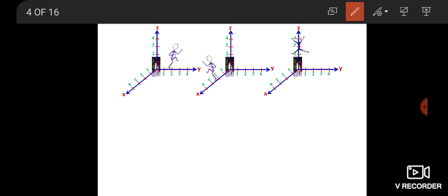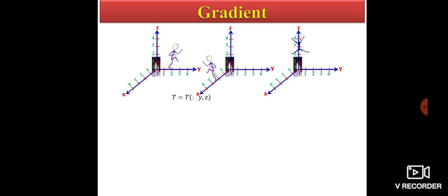That means if you are holding a thermometer and you move through this space, at each and every point your thermometer shows one value. So we can write the temperature as a function of x, y and z.